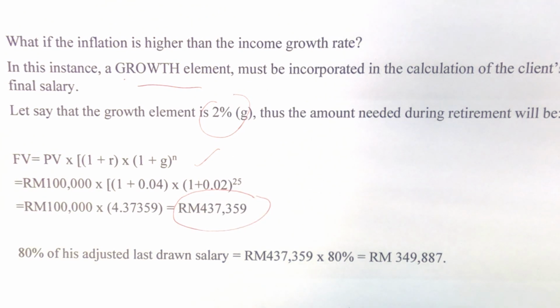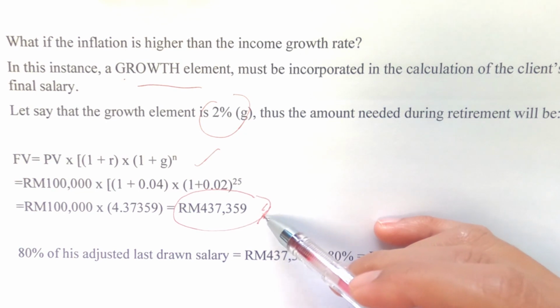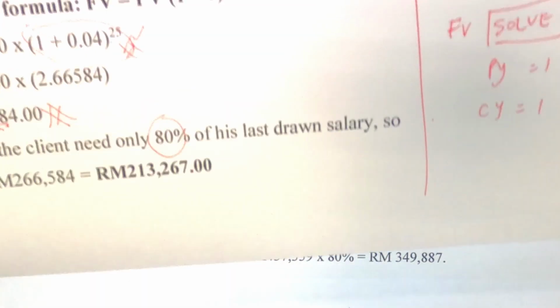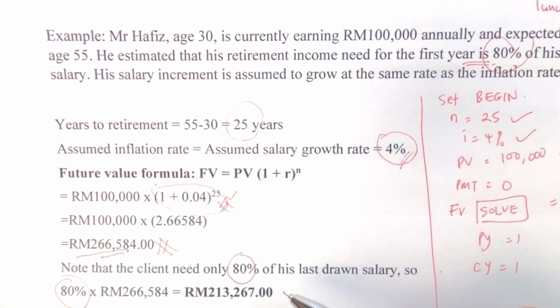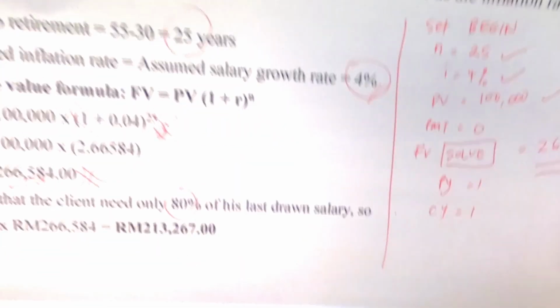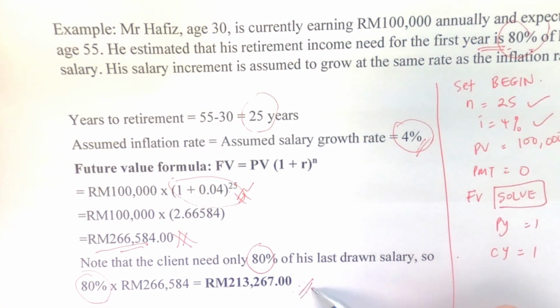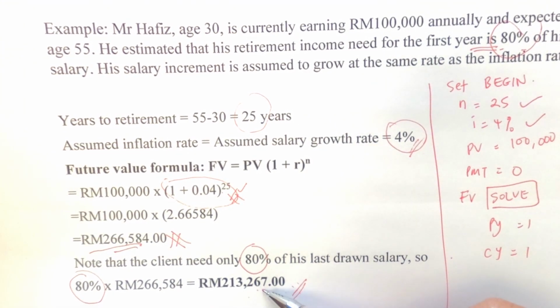In this case, the growth element is 2%, therefore we can see this future value is higher than the first calculation that we just completed, where without considering the growth element, the amount needed for the first year of retirement is just 213,267.